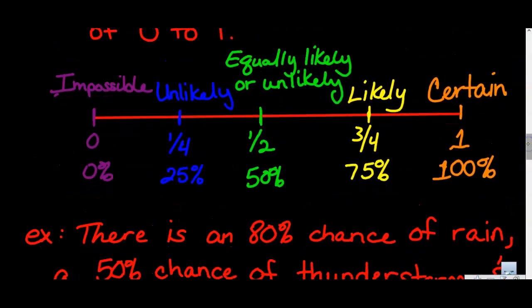Rain is at an 80% chance, which means it falls somewhere right around here on our likelihood scale. Okay, we would consider this likely to happen.